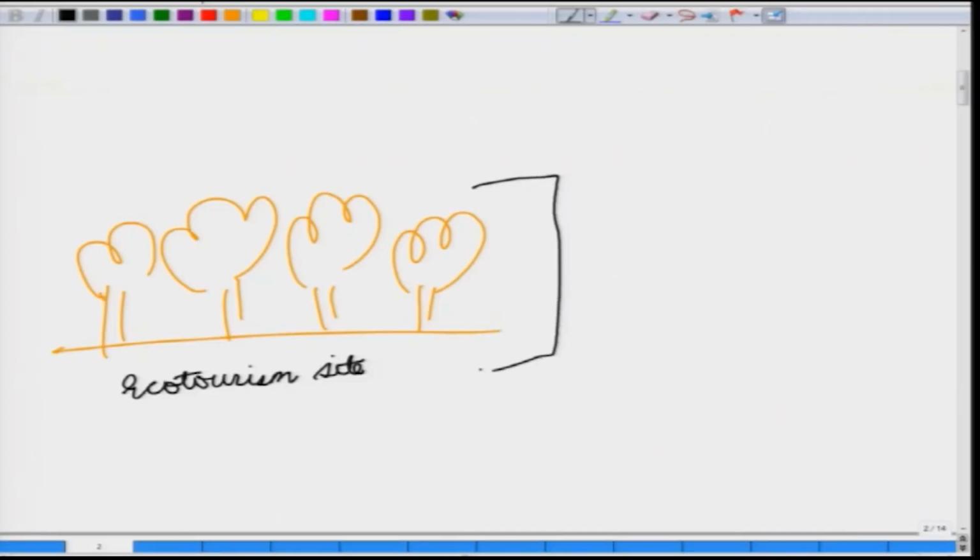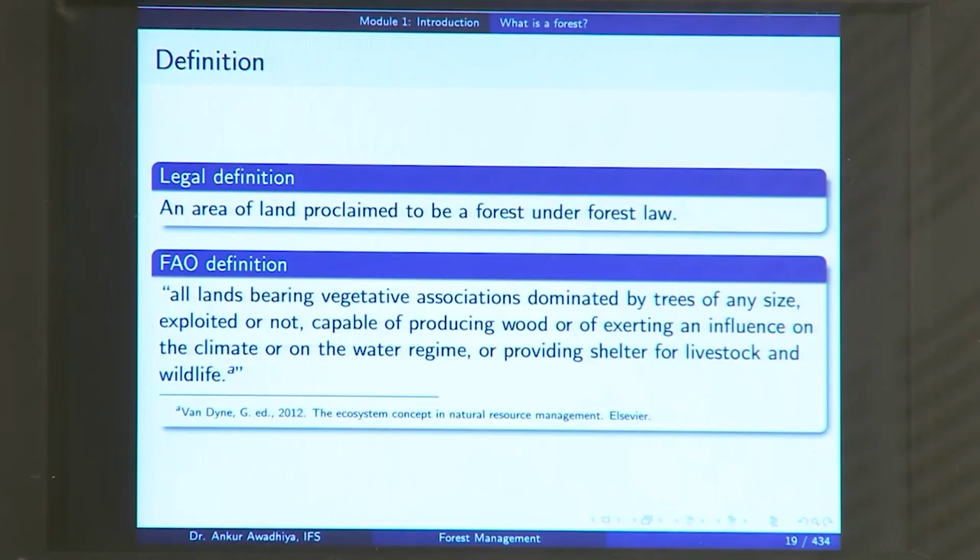But still, the FAO definition will consider this to be a forest, because you have a piece of land that is dominated by a vegetative association that is dominated by trees.